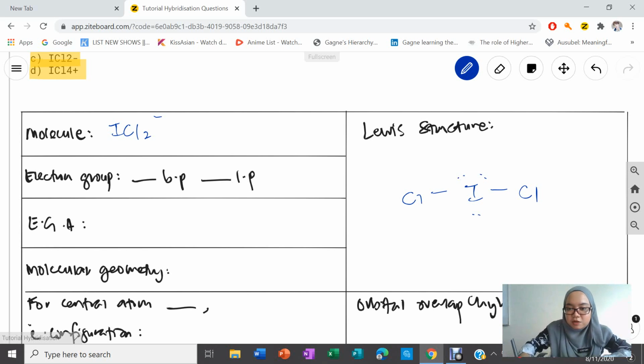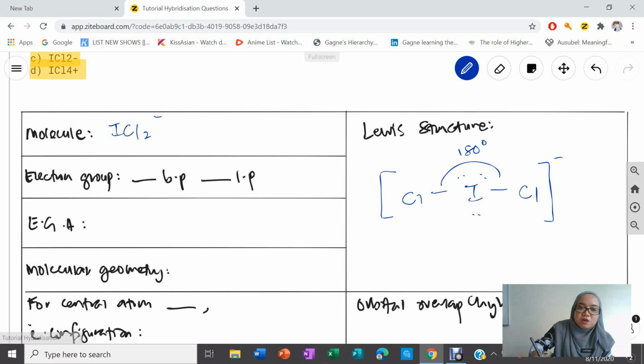For the steps on how to draw the Lewis structure, you need to look at the previous chapter 4.1, I think. Okay, so this is how you draw it. Don't forget the negative charge here. So this is what you got, and then it got the bond angle of 180 degree here.